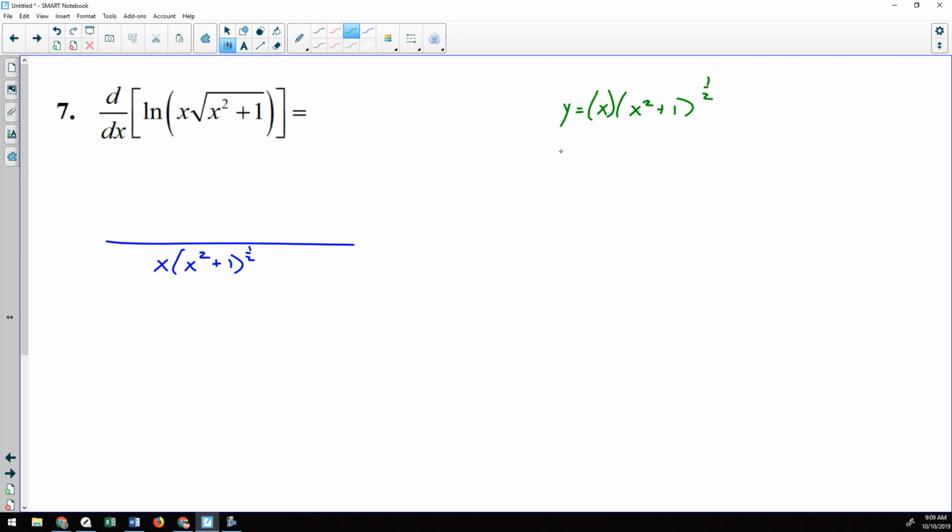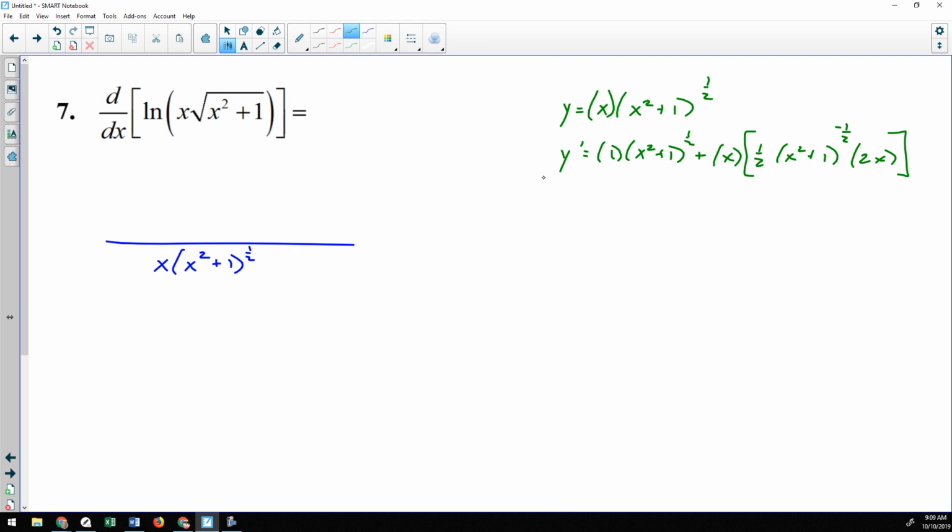So when I do the derivative of this piece, the product rule is derivative of x, leave the second one alone, plus, now I'm going to leave the x alone, and then the derivative of the second is going to be a chain. We're going to bring the 1/2 down, leave the inside alone to the negative 1/2. Then I multiply by the derivative of the inside. The derivative of x squared is 2x.